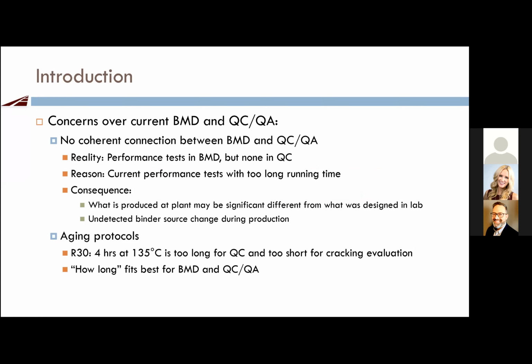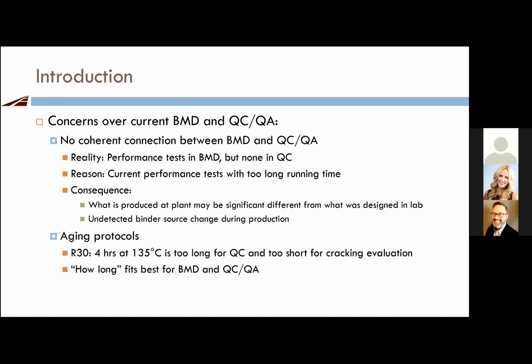The biggest concern is balanced mix design: we really talk about performance tests, but right now no performance test is run during production. So there is no coherent connection between BMD and QC/QA. I think that's the major concern.